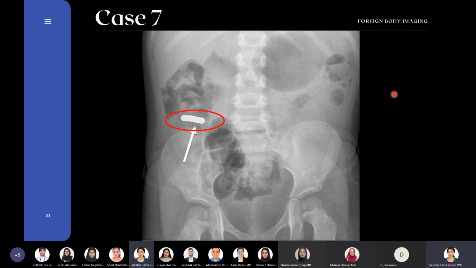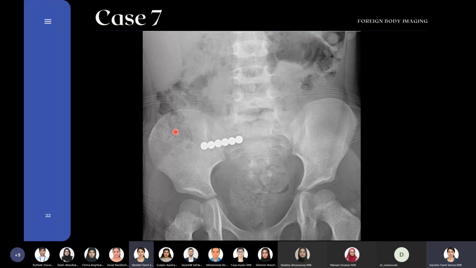This abdominal radiograph demonstrates multiple small ball-like metallic foreign bodies, because it's a magnet, and they are apparently attached to each other. You can see they're all joined together in one line. And this is the follow-up radiograph obtained in the very same child after 5 days, and it shows that the foreign body is again in the right lower quadrant region.